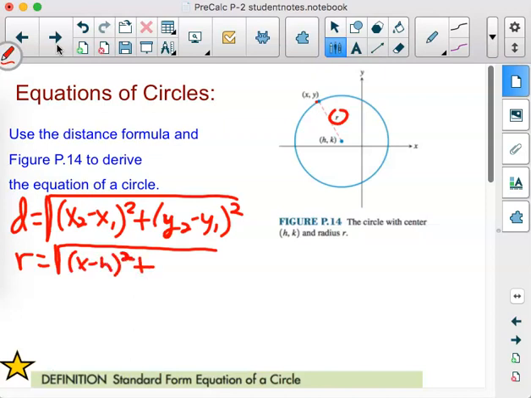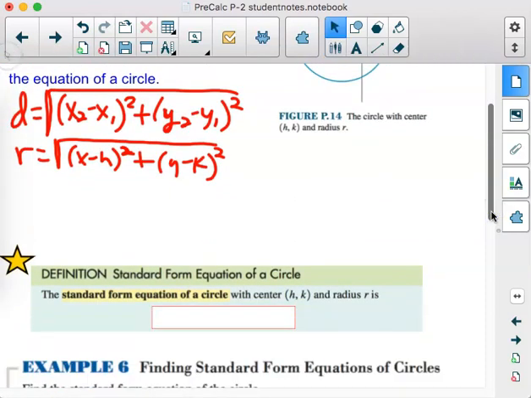So I have to find the distance between the x and the h and square it. And then I have to find the distance between the two y's, which would be the y minus k, and square it. But that's not what the equation for a circle looks like, because that square root is just kind of nasty. So we simplify it by squaring both sides.